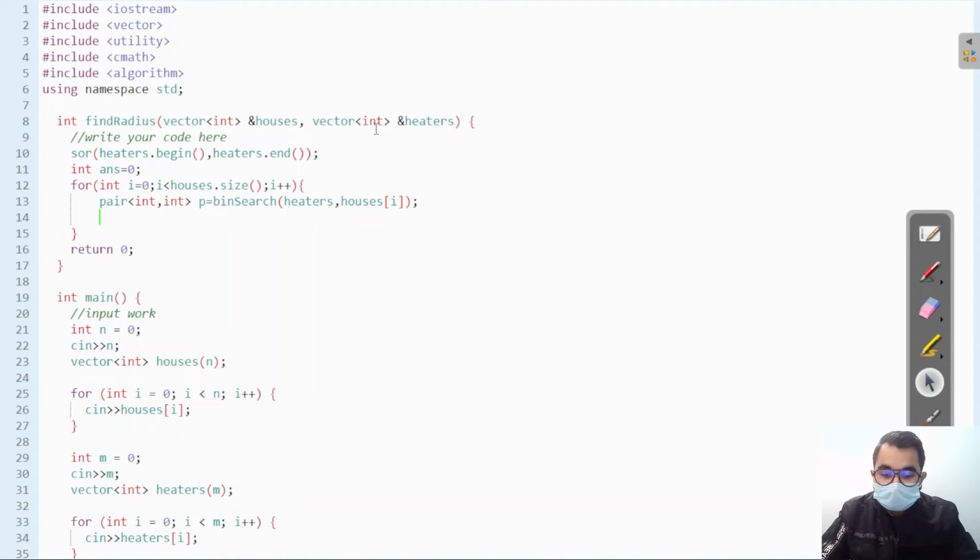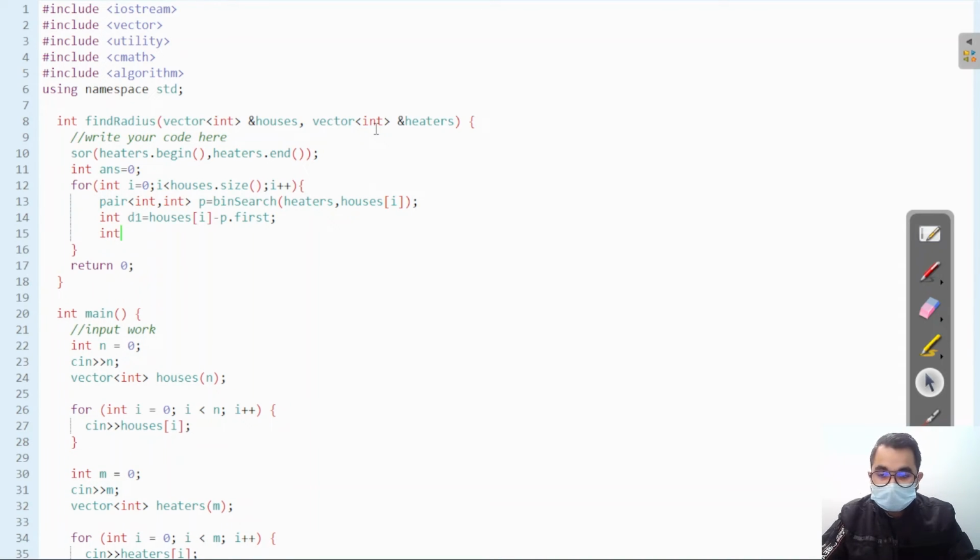Okay, so let's calculate for the left side. int d1 equals houses i minus p dot first, because I will store the floor in the first part of the pair, and int d2 equals houses i and p dot second.